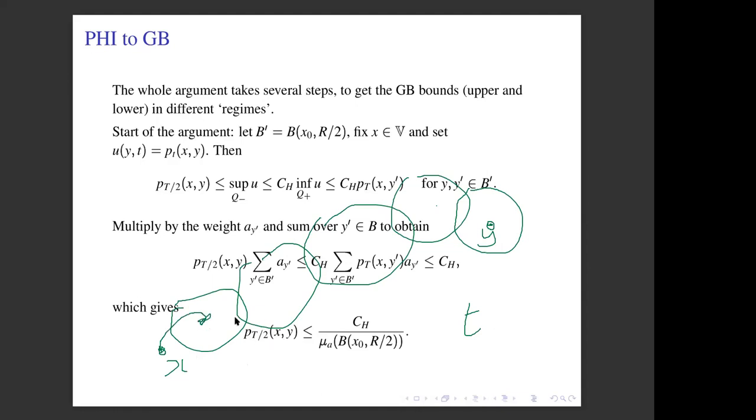The lower bound tells you that there's a reasonable probability of that transition. Then you look at the probability of going from here to here, here to here, and so on. And so you get a chain of balls, and doing the calculations appropriately, you find you get a Gaussian lower bound on the transition probability.